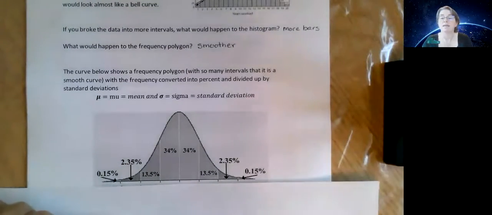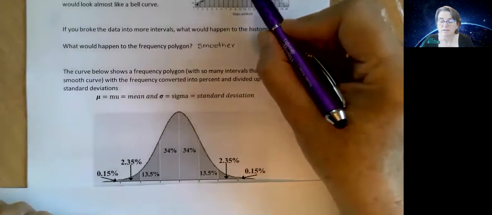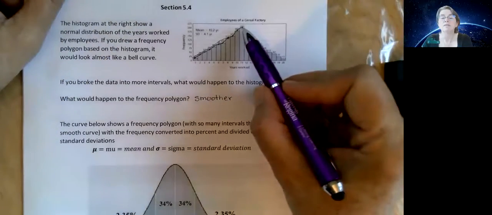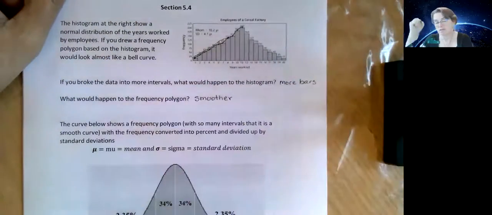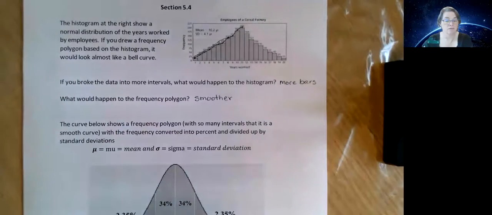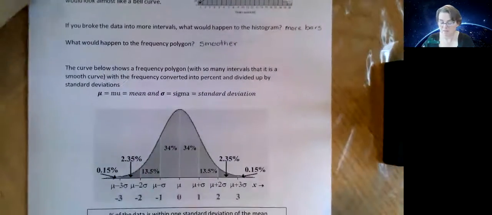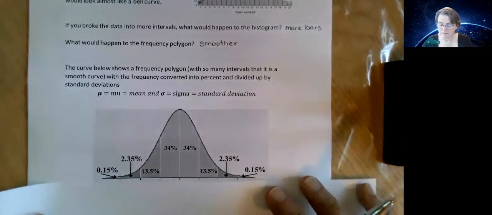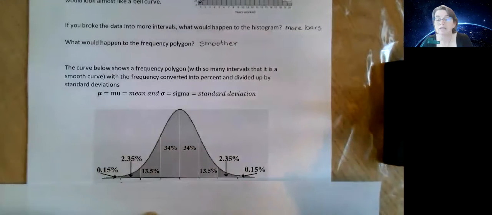So instead of this one being 200 people, you would have to figure out what the total of everybody was, then put 200 divided by that, and convert it over to a percent. But the nice part about this is these numbers don't change.